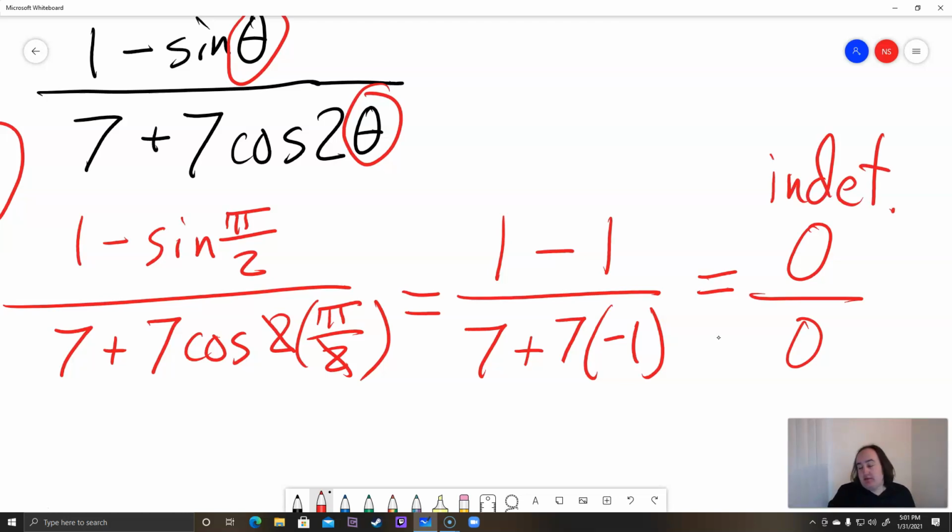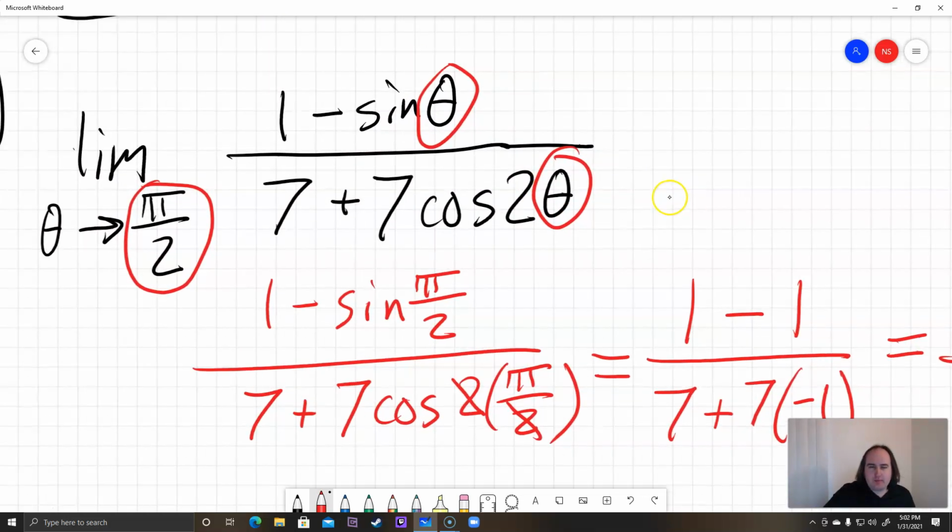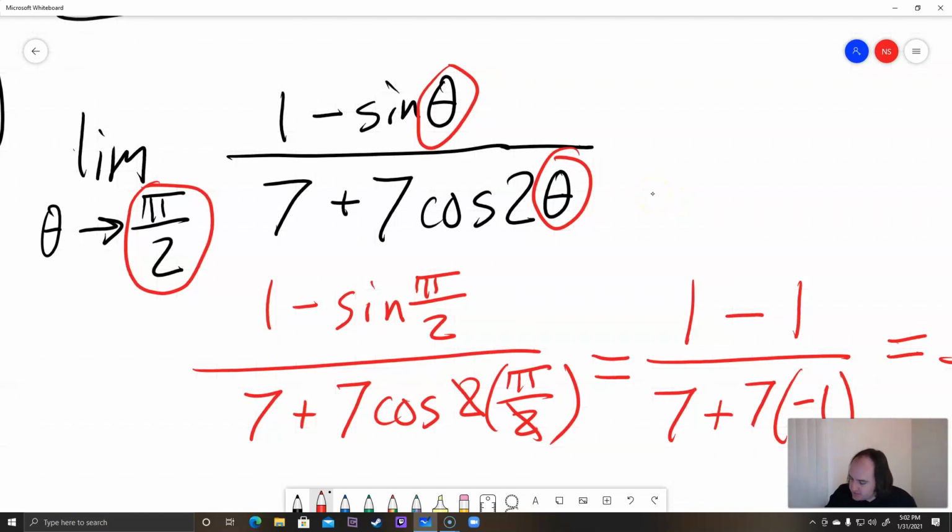Of course, if it's indeterminate, the easiest way to find the limit is usually to just take the derivative of the top and the bottom using L'Hopital's.